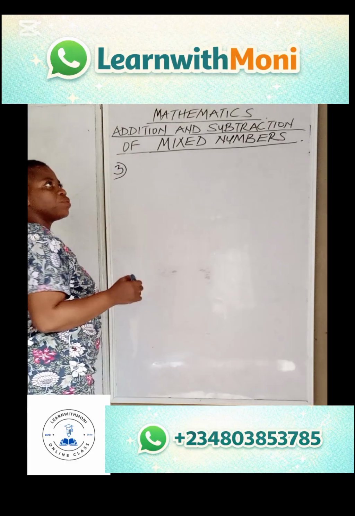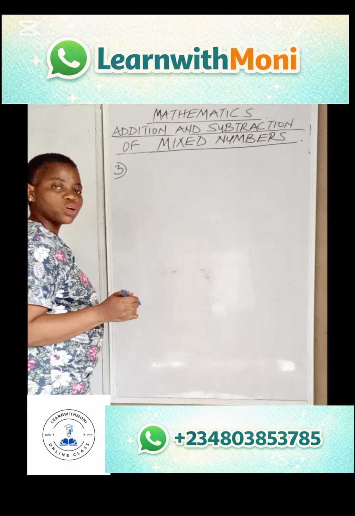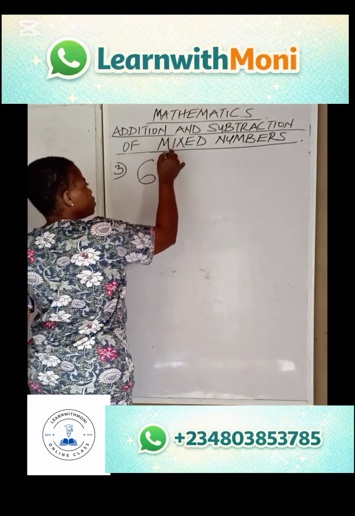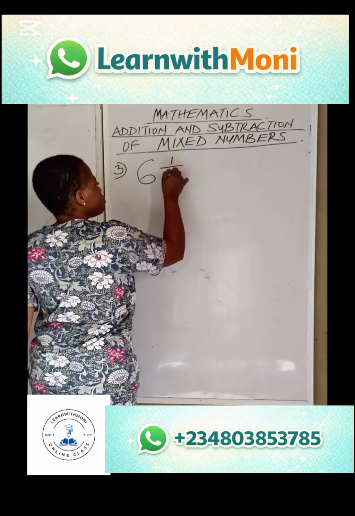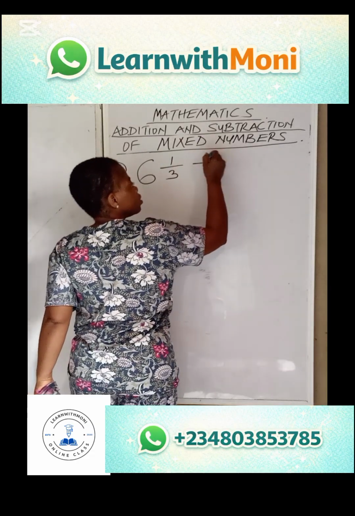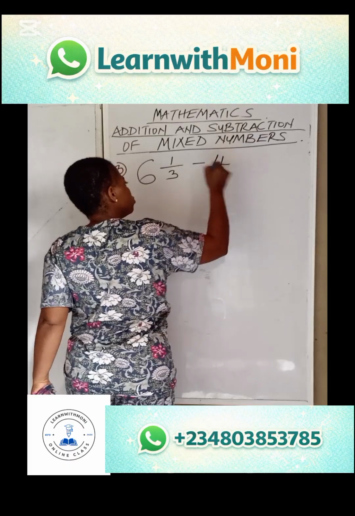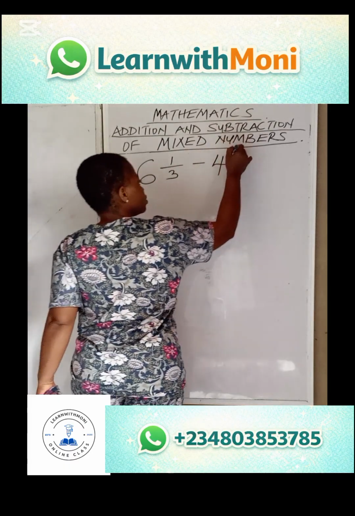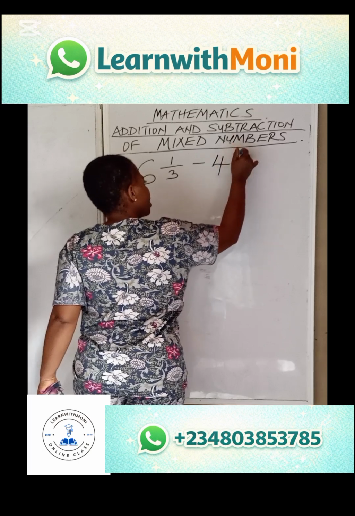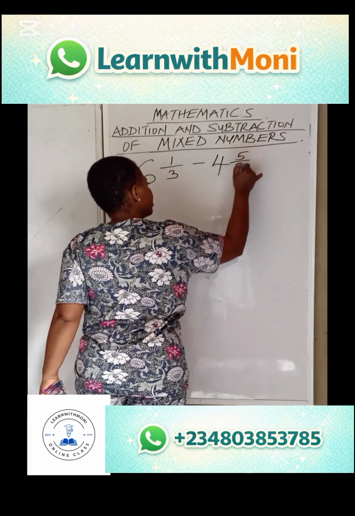This is the third example we are seeing for subtraction of mixed numbers. Let's see a situation where we have 6 wholes 1 over 3 minus 4 wholes 5 over 9.